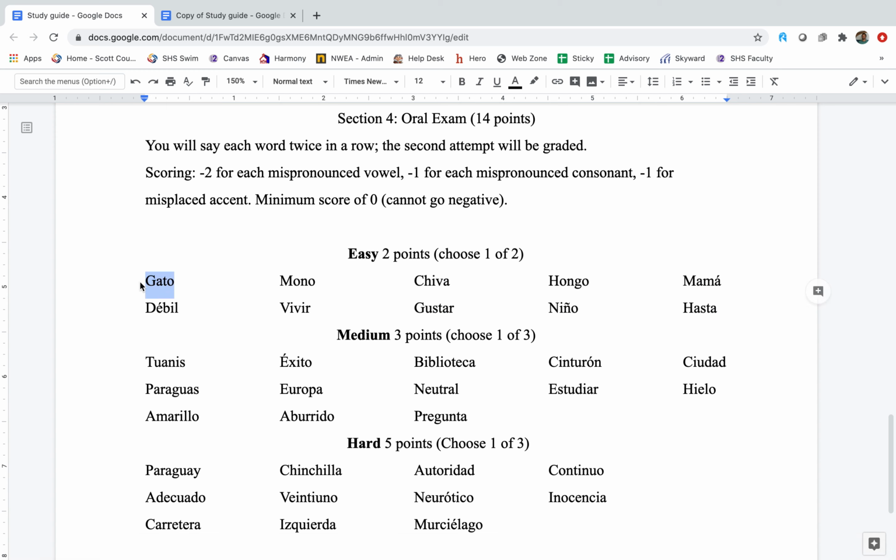We're just following our rules. So a h followed by an a makes a g sound. Vowels, their names are their sound, so a and o.